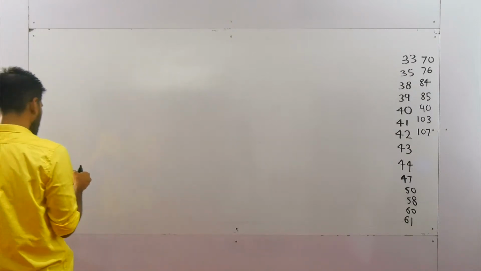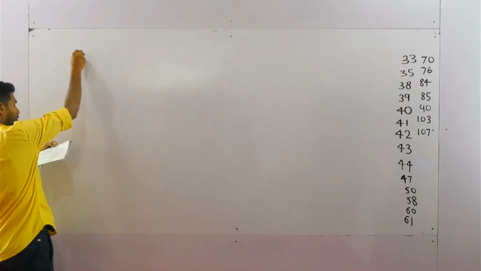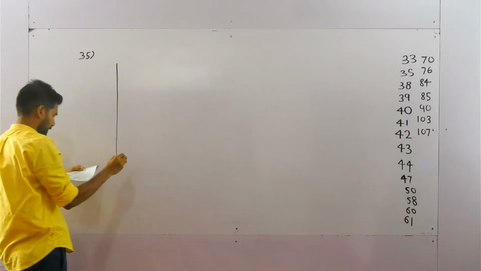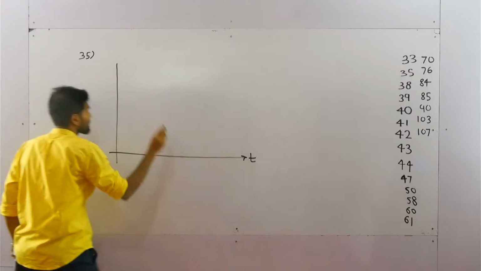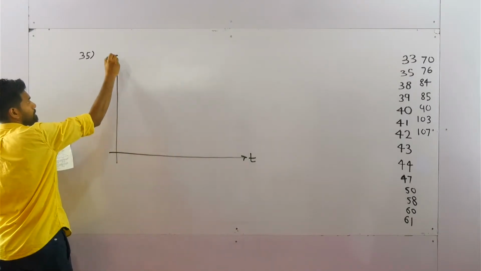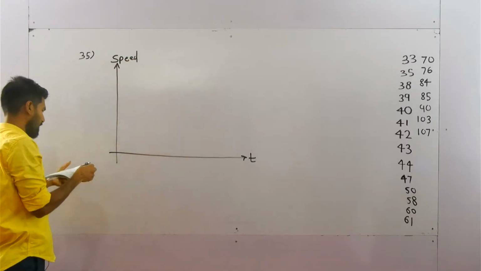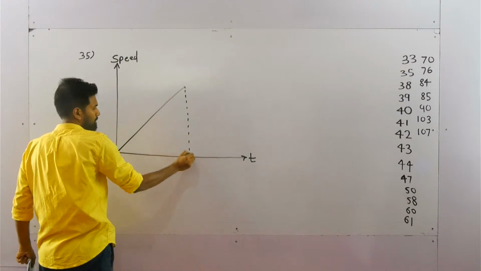The distance covered by the particle in 10 seconds time. In question number 35, that's a speed time graph. It's not a velocity time graph, as they say, it's a speed time graph.